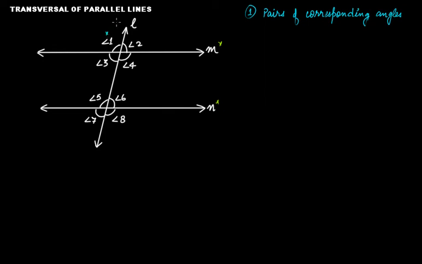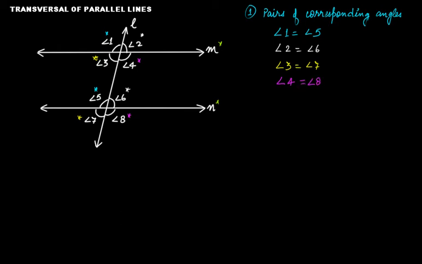That angle 1 and angle 5 will be equal, angle 2 and angle 6 are a pair of corresponding angles, so angle 2 will be equal to angle 6, angle 3 and angle 7 are a pair of corresponding angles, so angle 3 is equal to angle 7, and angle 4 and angle 8 are also a pair of corresponding angles, therefore these two angles will also be equal. This is the first property.